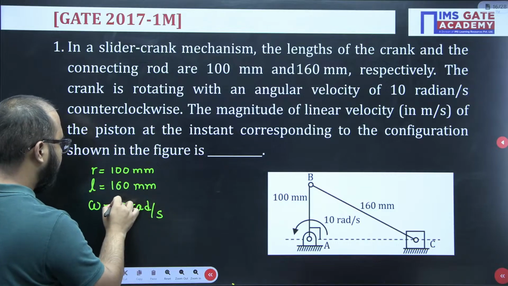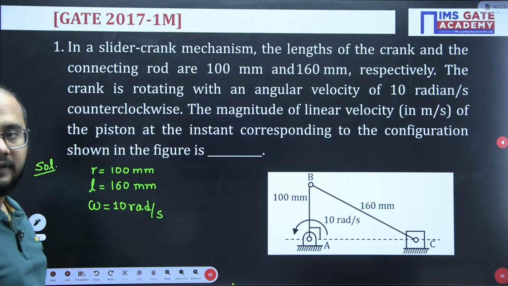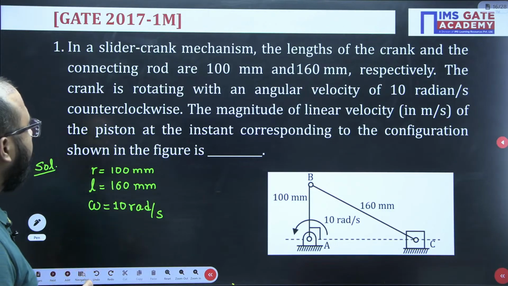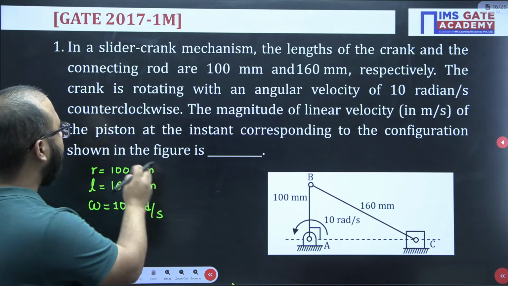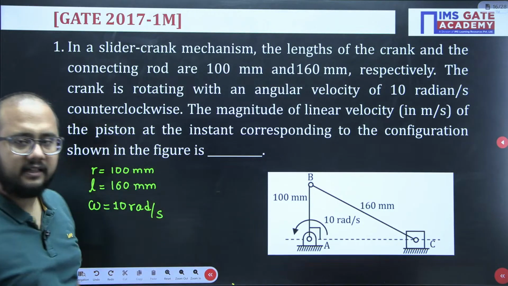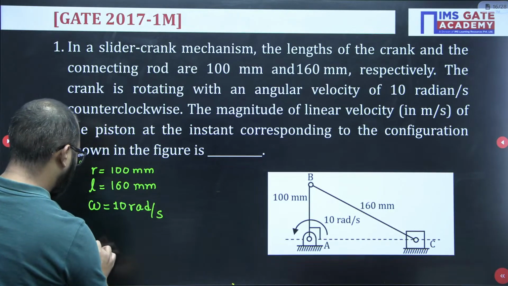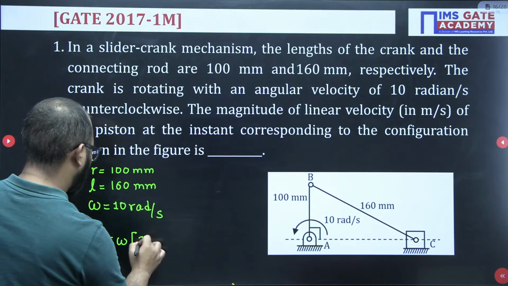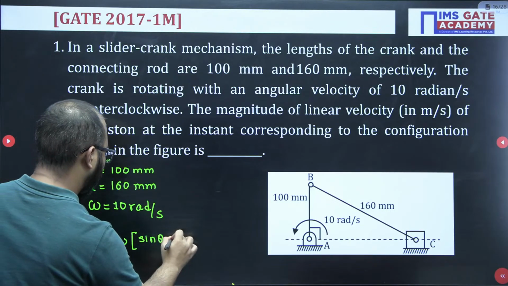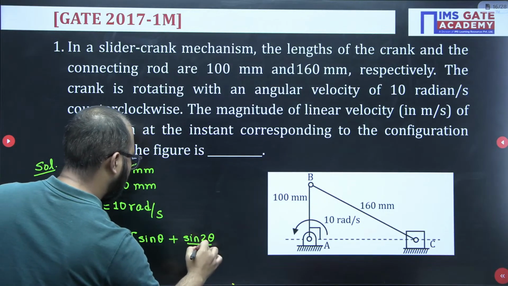Whenever I am writing omega, it is omega of the crank. In counterclockwise direction. The magnitude of the linear velocity of the piston, that is the slider, they are asking. Just now we have written a formula, right? Formula is R omega (sin theta plus sin 2 theta divided by n).